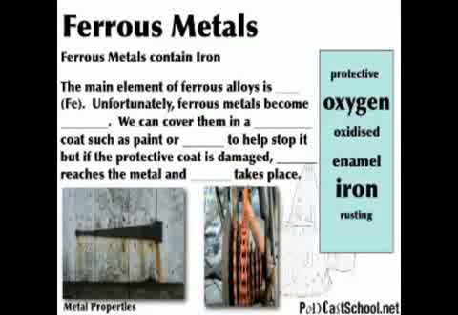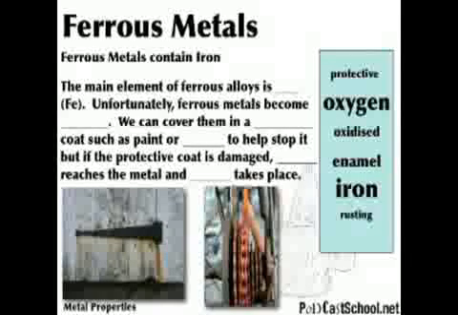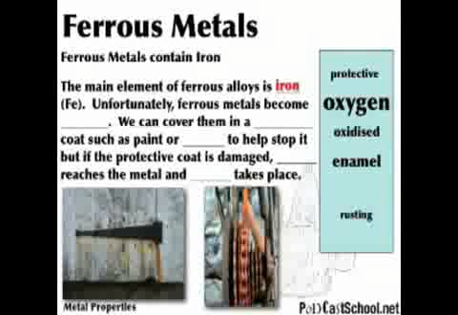Okay, now let's go back to ferrous metals, pure ferrous metals. We'll do the same again. We'll put words into the blanks. So ferrous metals, just as I said, contain iron. The main element of ferrous alloys is iron, and its chemical symbol is Fe.